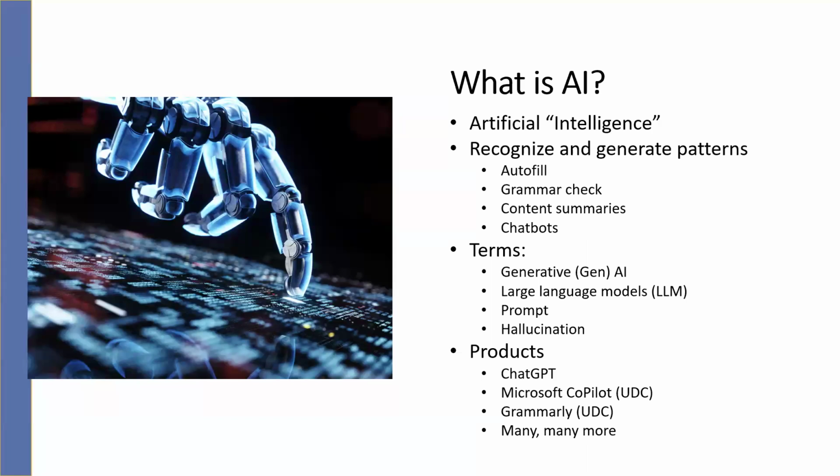If you think about the initial implementation of AI tools, think about the autofill or auto-suggest features on your phones when you're texting or searching a database. Spell checking and grammar checks are where you're teaching the AI how to recognize these patterns.